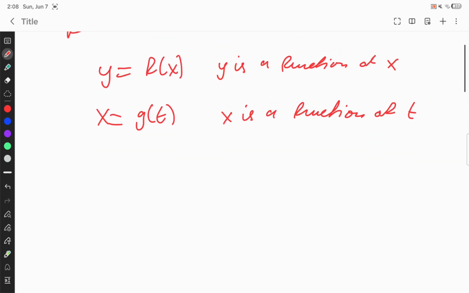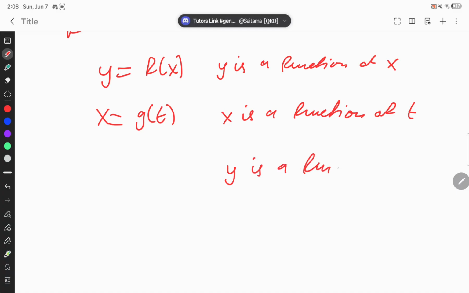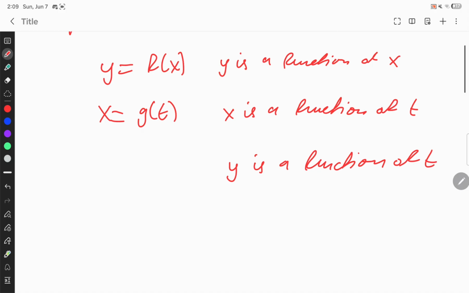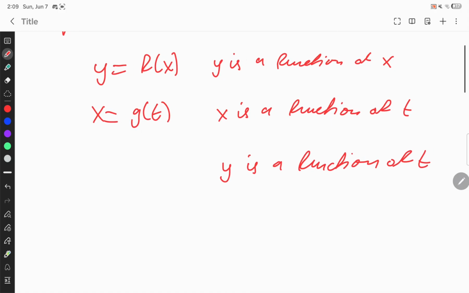Now, here's the question. What if you want to find the expression which tells us y is a function of time? How do you do it? We know y is equal to f of x. What is x? x is equal to g of t.